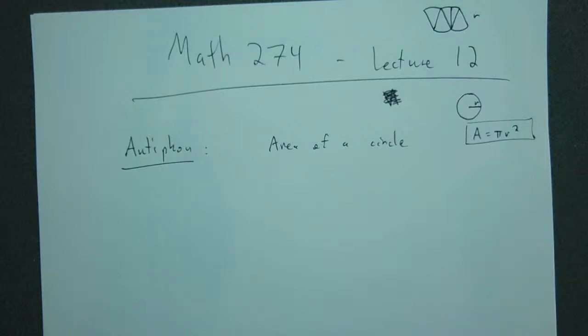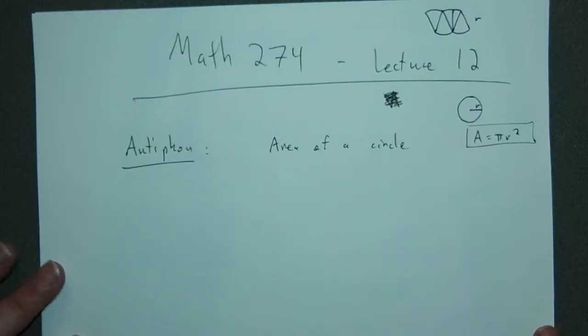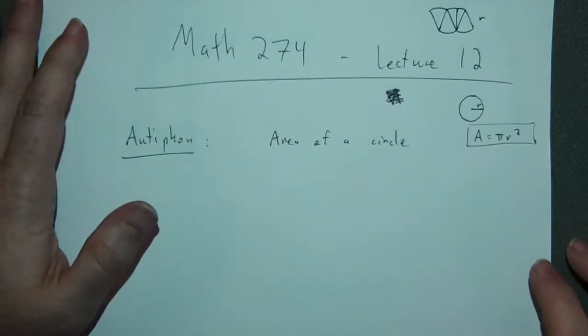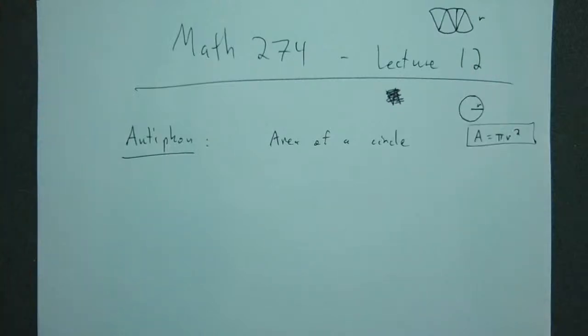Of course, we are going to talk about Greeks using a method of exhaustion. In fact, what I'm about to talk about is an example of the Greeks using a method of exhaustion. But this required a little bit too much hand waving to see.